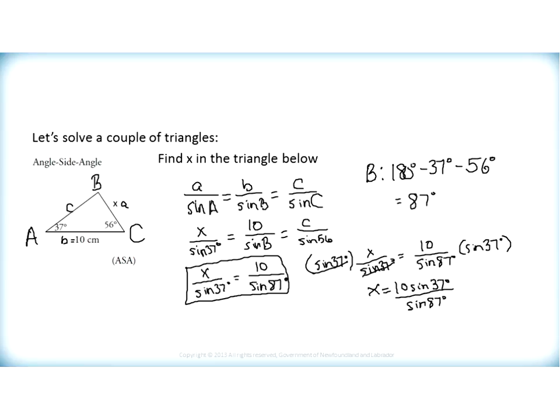And that gives me a final answer of 6.03 for the missing side x. Okay, so x is equal to 6.03, or about 6.0.